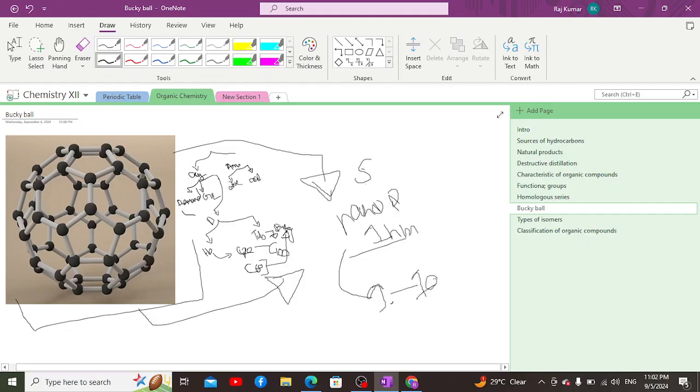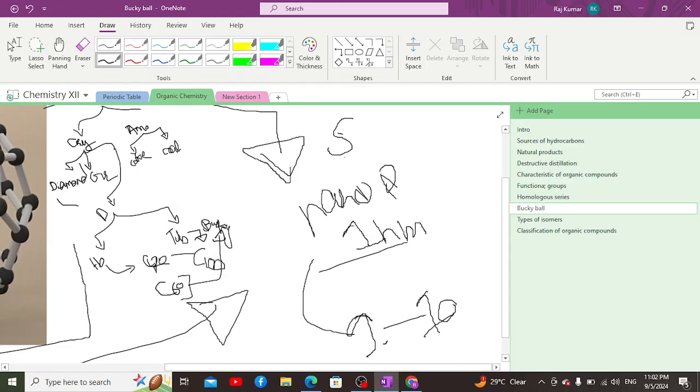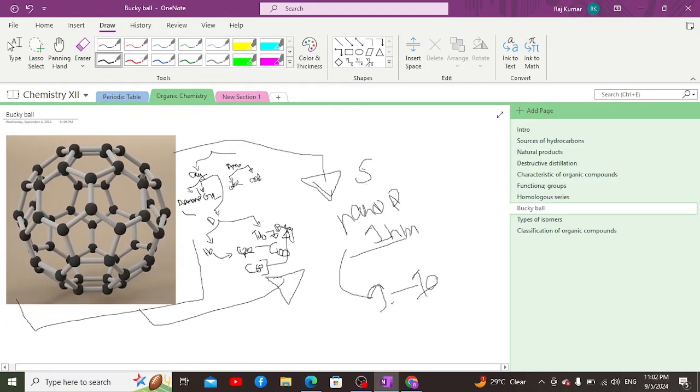Since these nanoparticles are quite small, they have high physical properties. For example, they have a high melting point of around 2800 centigrade, and they are excellent conductors of electricity and heat. They are lightweight and have high surface area.